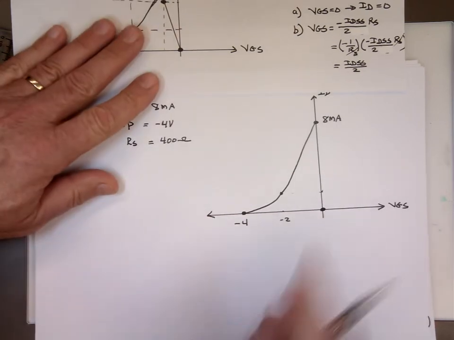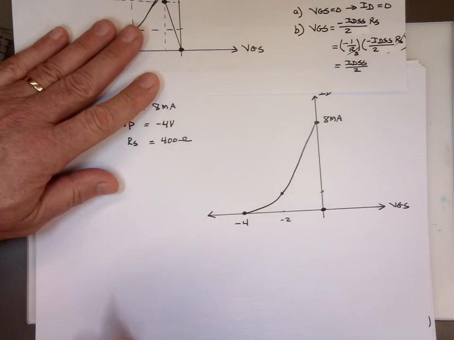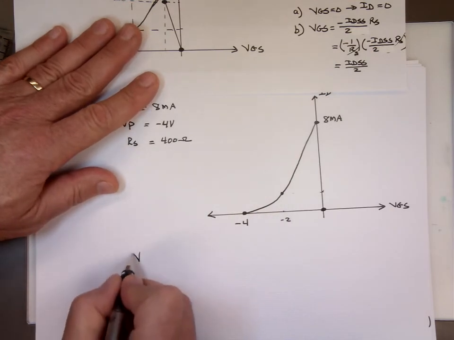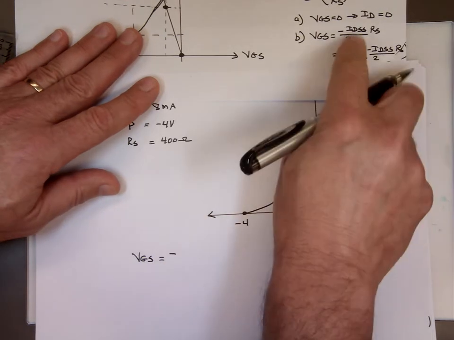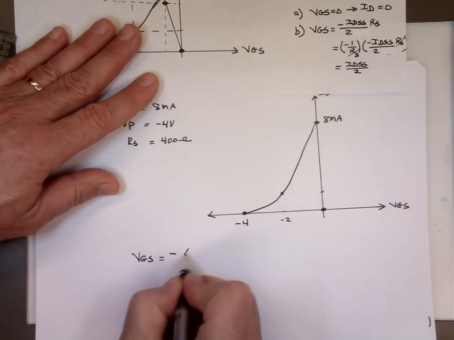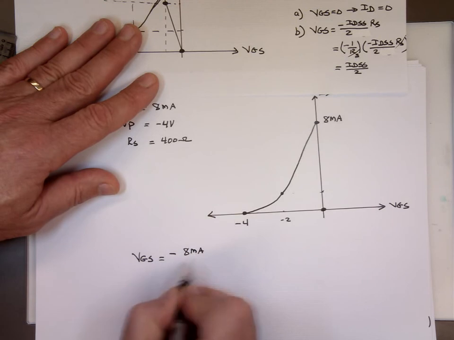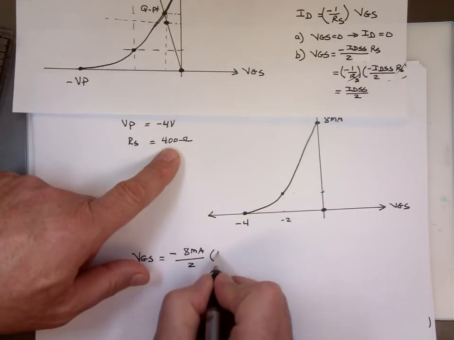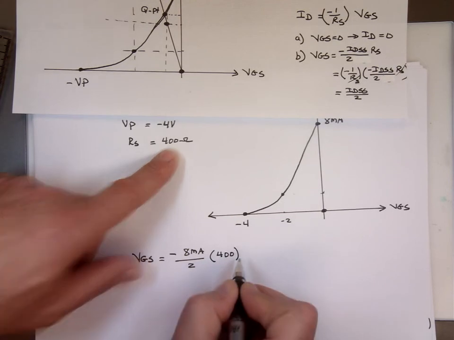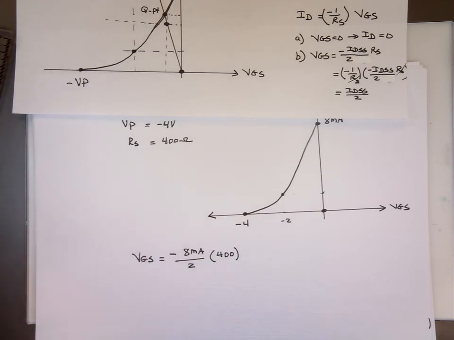I'm using VGS equals negative, the example I use, I sub DSS, which is 8 milliamp, over 2 times, what did I use for R sub S? 400. So let's do the math. Negative 8 E to the negative 3 times 400 divided by 2, I get negative 1.6.